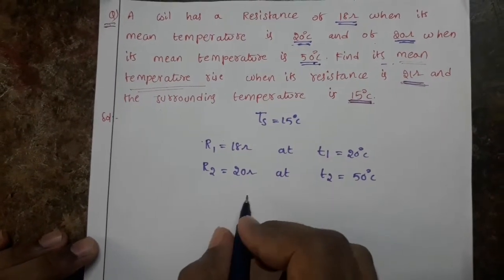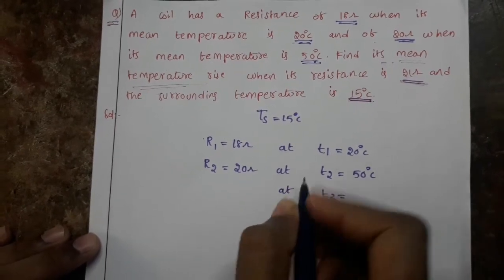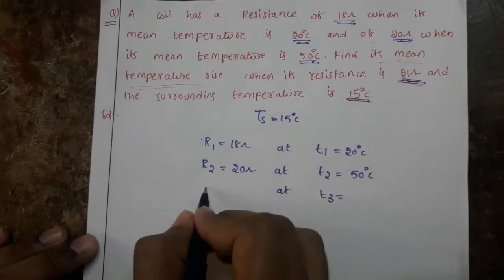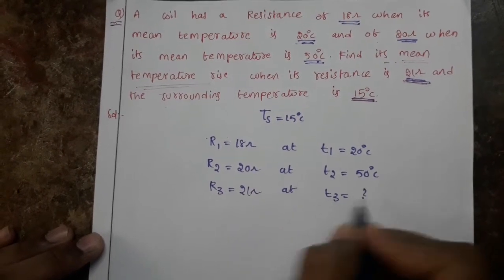We have to find the temperature rise, that is T3, when the resistance is 21 ohms. At resistance 21 ohms, we have to find T3.